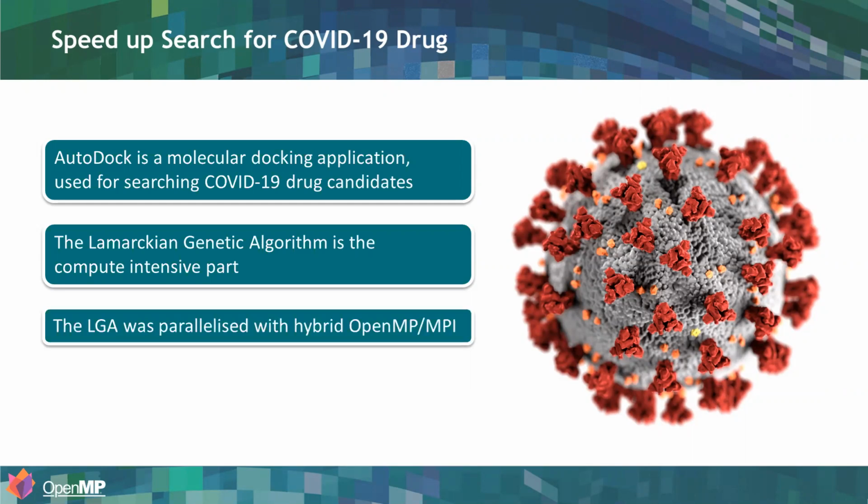So this genetic algorithm was parallelized with hybrid OpenMP MPI in this case. OpenMP is then used for intranode parallelism to split up the work over the cores of a shared memory SMP system. And MPI is used for inter-node communications.